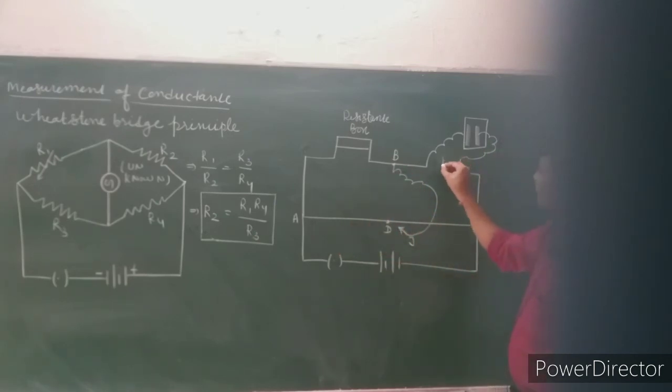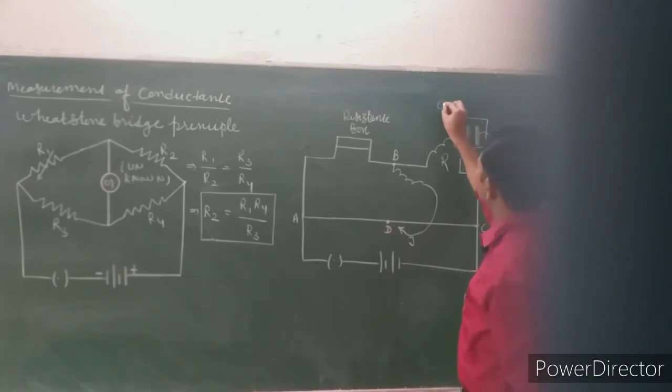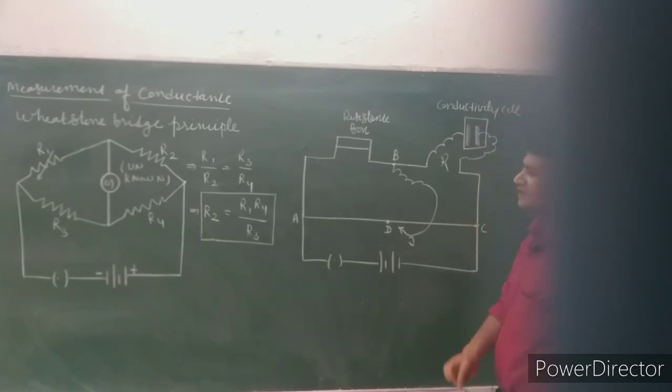And this is the resistance of the unknown electrolytic solution, converted into a conductivity cell. So this is the conductivity cell, and this is the arrangement.